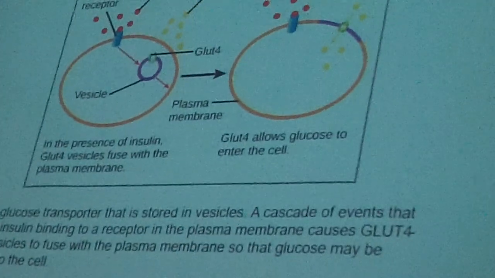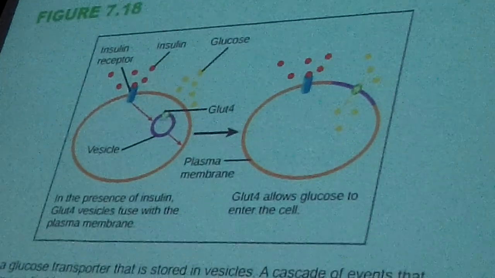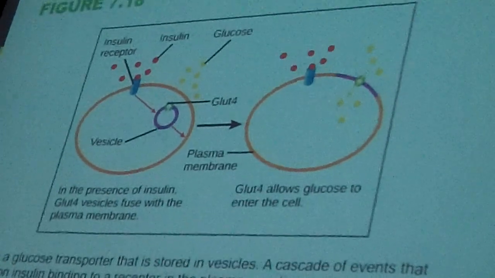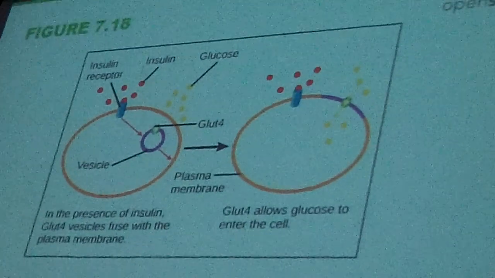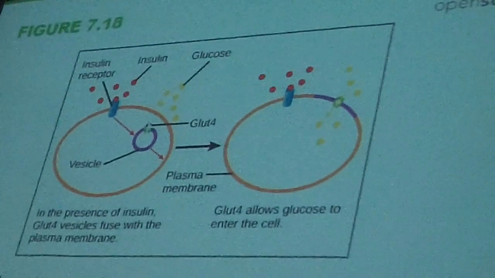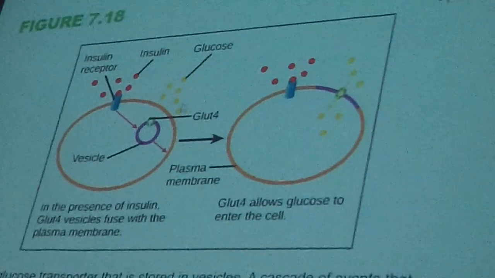GLUT4 is a channel protein that's attached to the membrane that the vesicle is made of. And it's just sitting inside your cell.